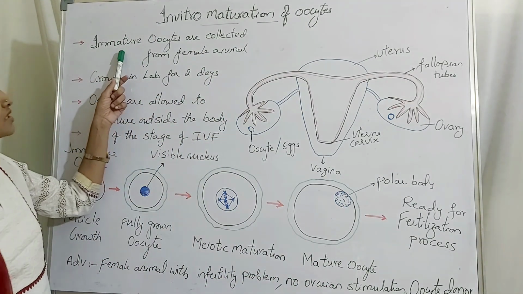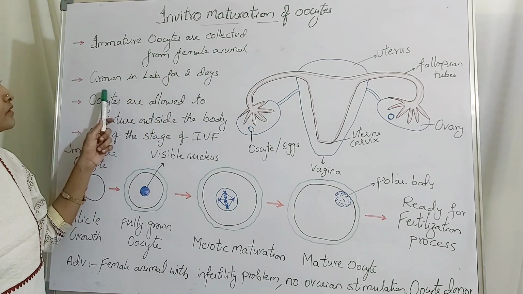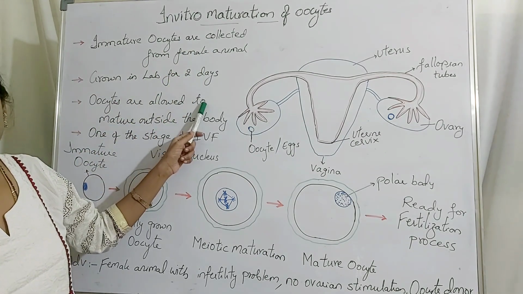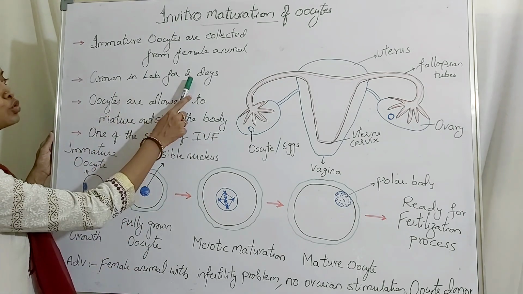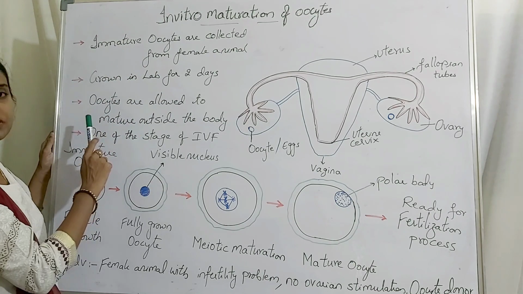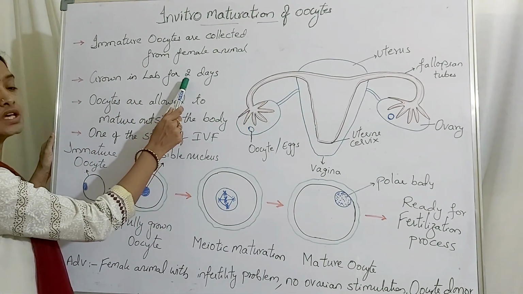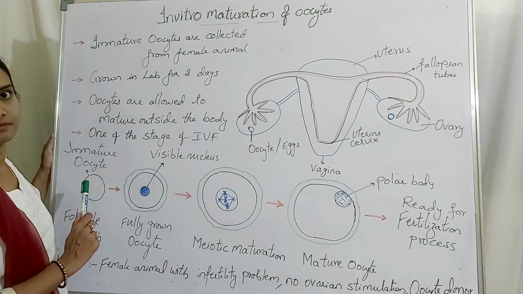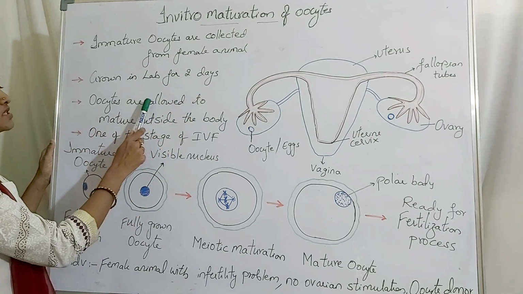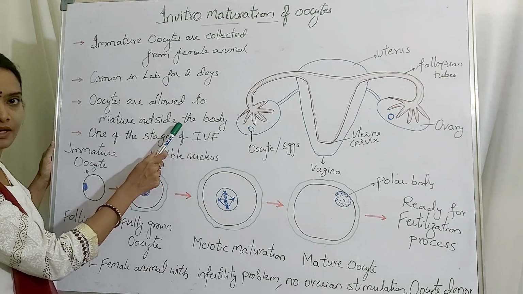Here you can see the immature oocytes are collected from the female animal, then they are grown for 2 days. Why are you allowing them to grow for 2 days? So that the immature oocytes which you have collected will undergo maturation during these 2 days in lab condition, right? The oocytes are allowed to mature outside the body, that is, in the lab condition.